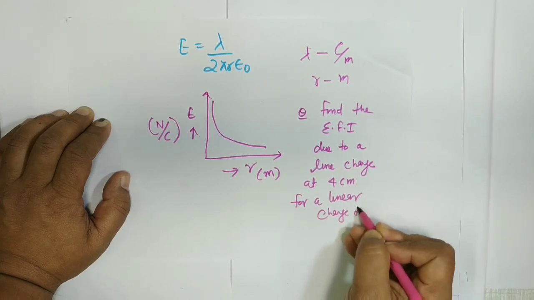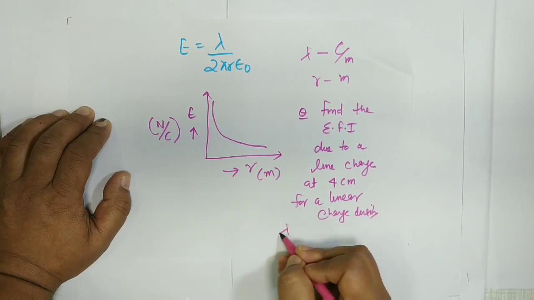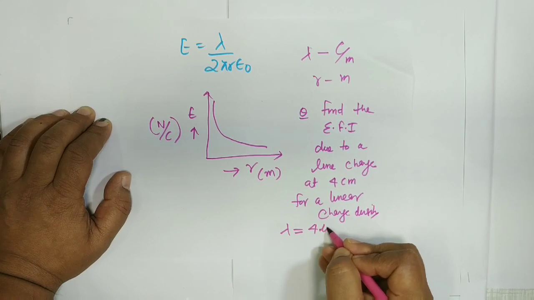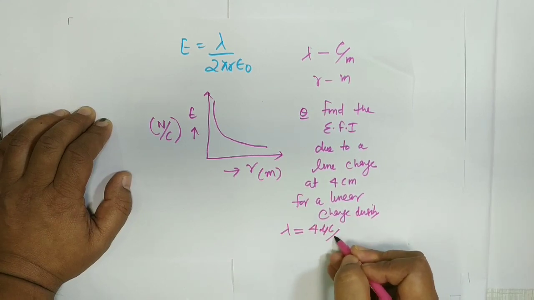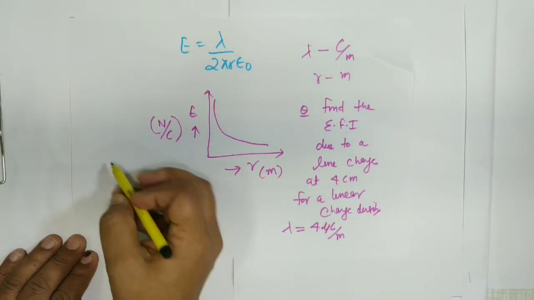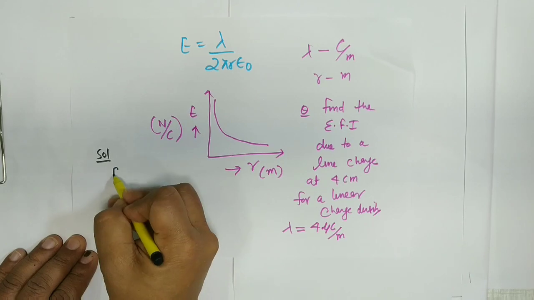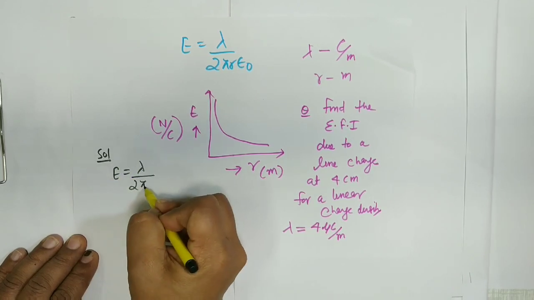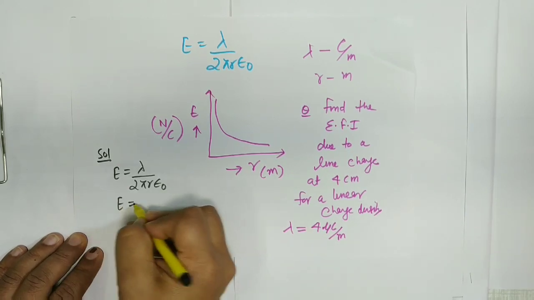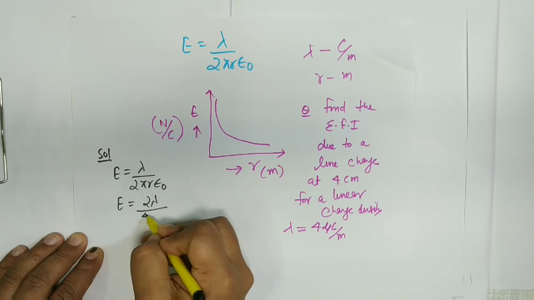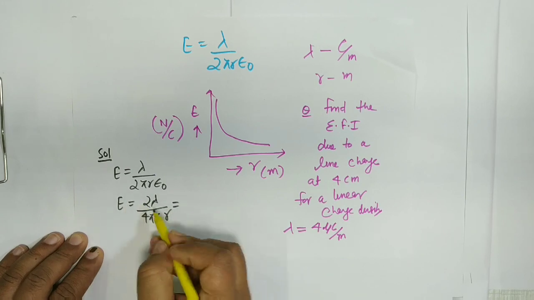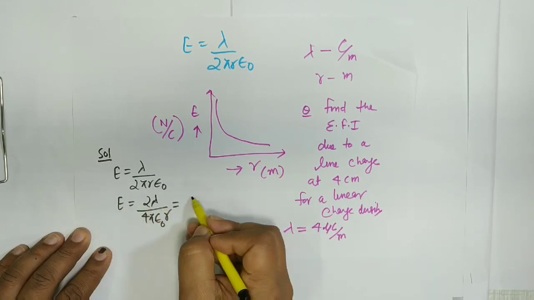Given linear charge density is say lambda and it is 4 microcoulomb per meter. Now can you find it out? Yes. What is the solution? We know that E is lambda upon 2 pi R epsilon naught. What you can do is make it 2 lambda upon 4 pi epsilon naught R. Got it or not? 2 we multiply.